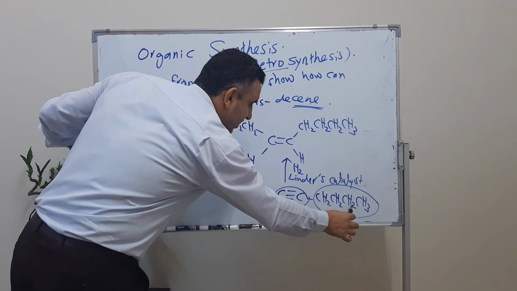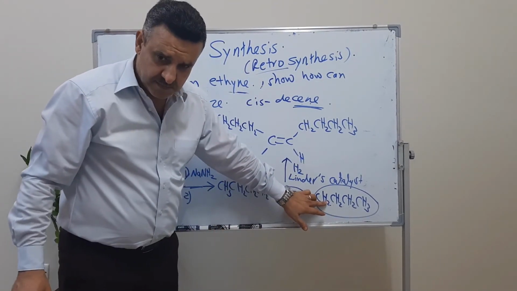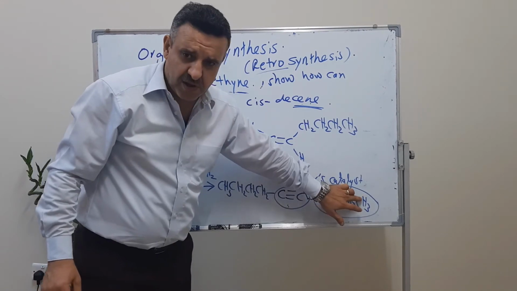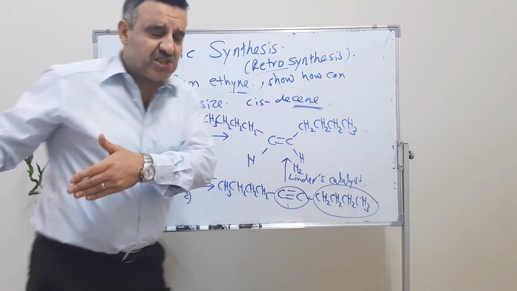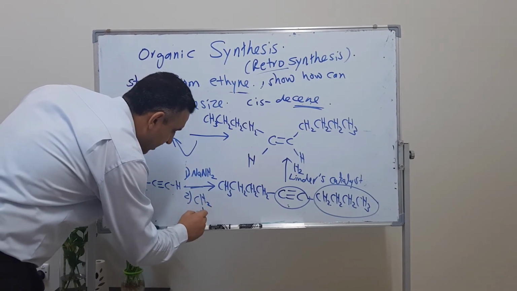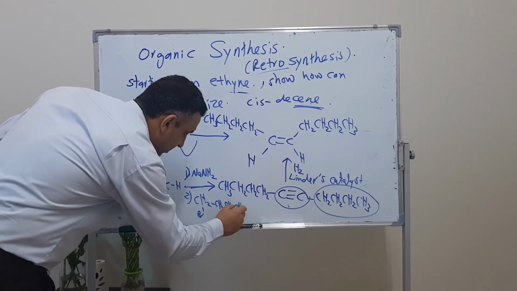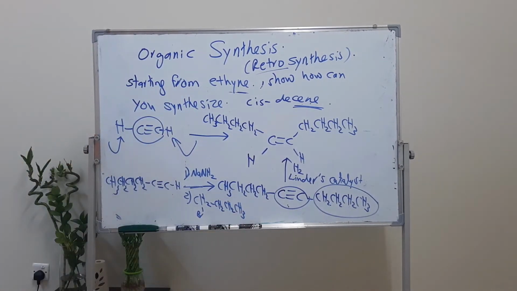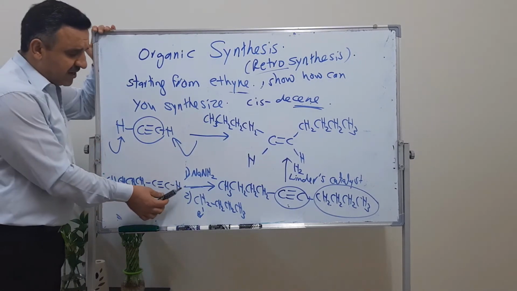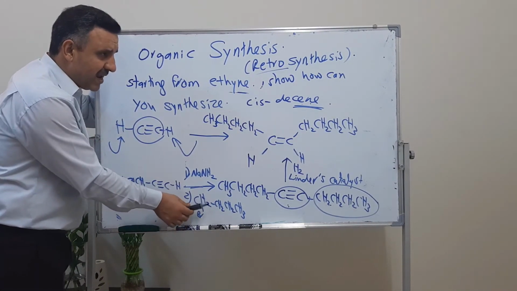How many carbons do we have to introduce? 1, 2, 3, 4. So 4 carbons attached at the end to the halogen. So see here, CH2Br, then CH2, CH2, CH3. This is the first step. In here, if we have this terminal alkyne, we allow it to react with this primary alkyl halide.